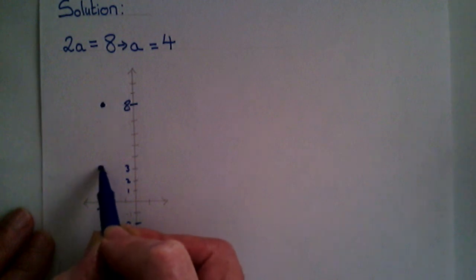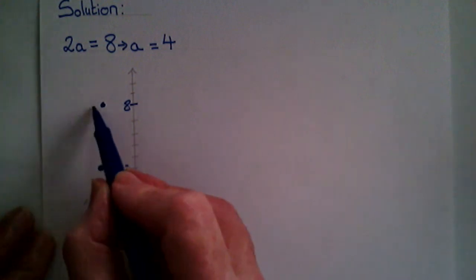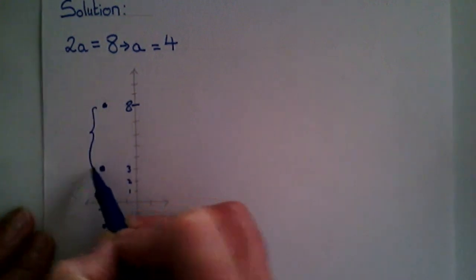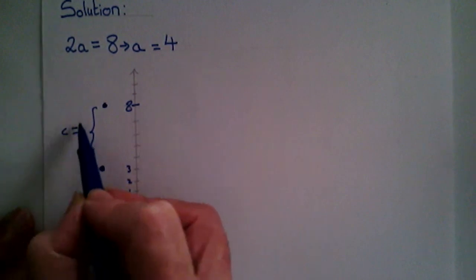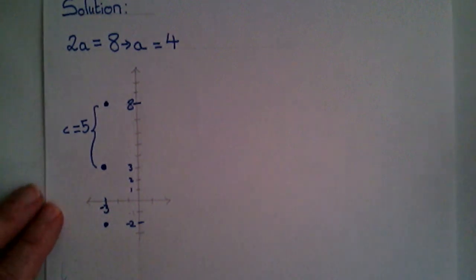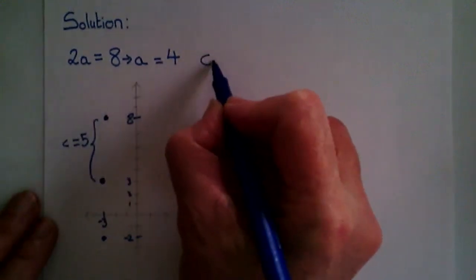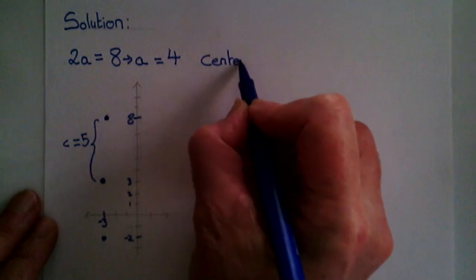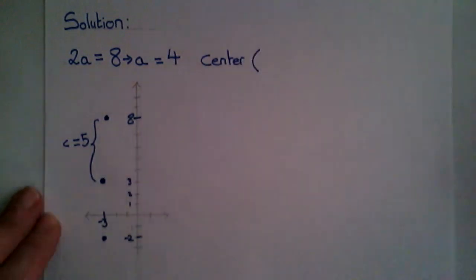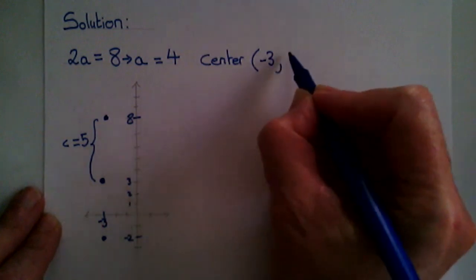So that point there. The distance from here to here is 5, so c is equal to 5. So we're getting lots of little bits of information. Now, once I've got the center, I can write down that the center is going to be -3 and 3.